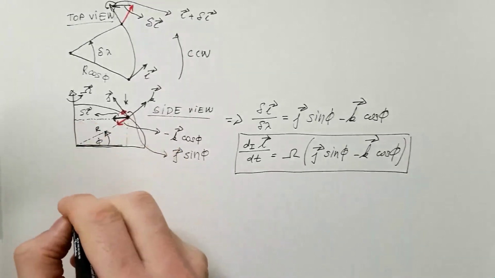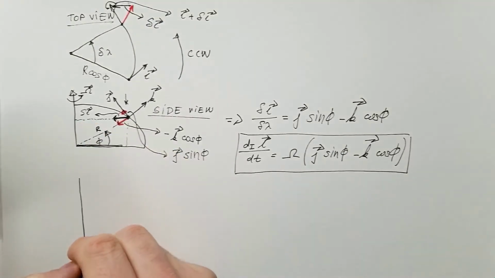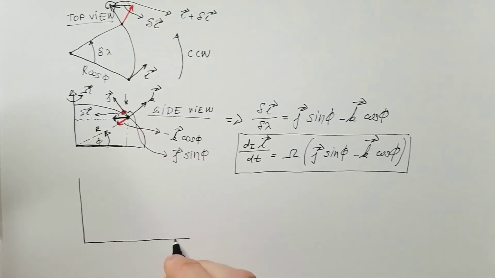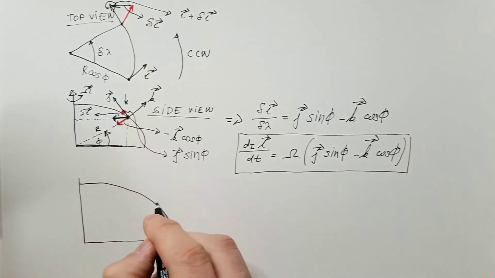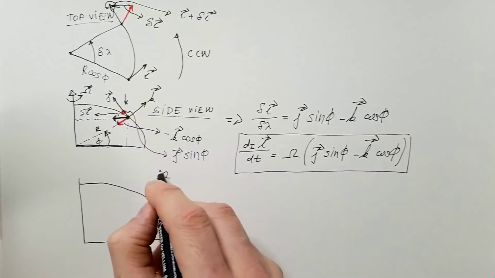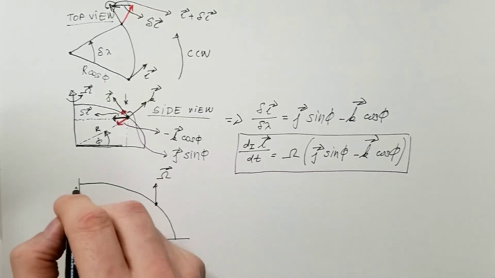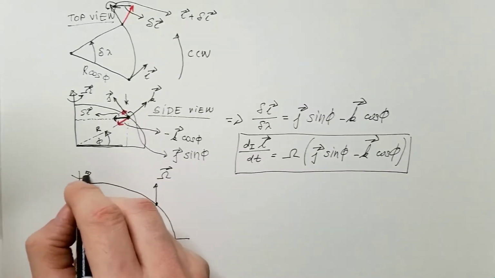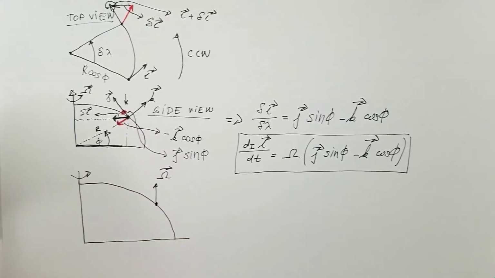If I replicate this figure one more time here, then this is quarter of the Earth that I showed. I'm sitting over here in Montreal and I have angular velocity omega just like everybody else on this planet Earth. So Earth is rotating in counterclockwise direction.